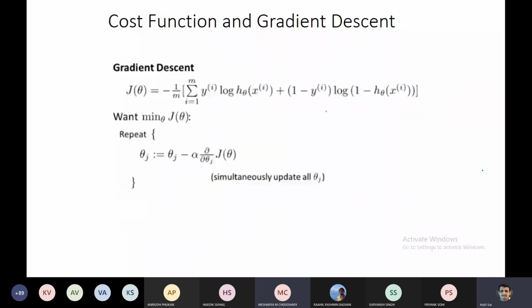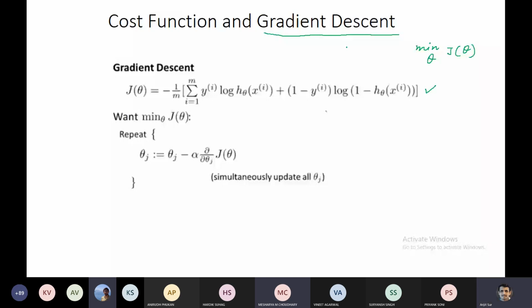Now definitely we apply GD, that means the gradient descent algorithm, over that. This is our objective function J(theta), and we have to minimize it with respect to theta. That is our goal. We use gradient descent.